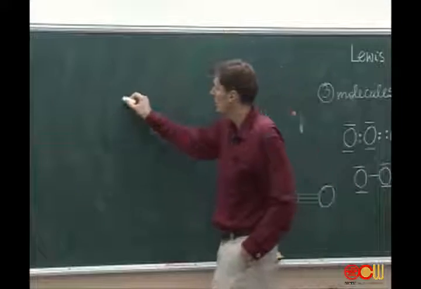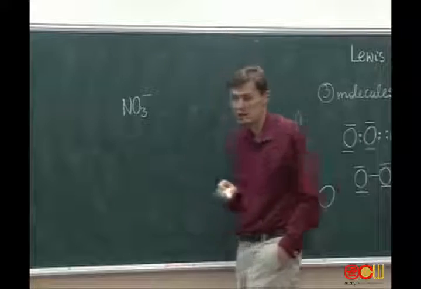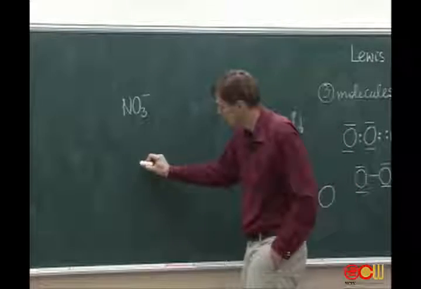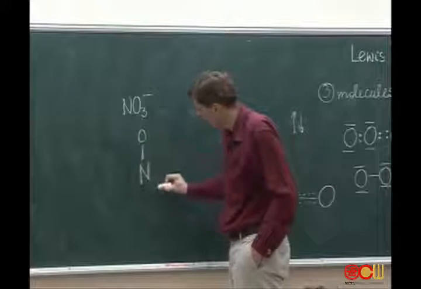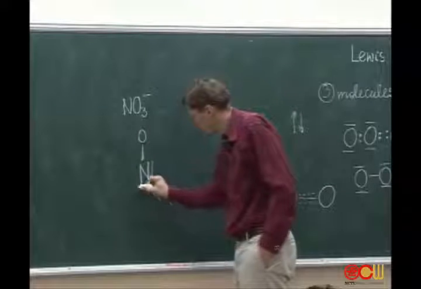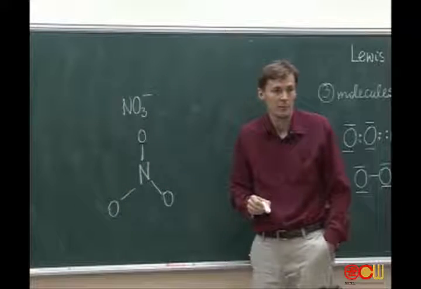Take the molecule NO3 minus. This is an anion. It looks like that. Nitrogen in the middle, one oxygen here, one oxygen here, one oxygen here, 120 degrees between them, flat.